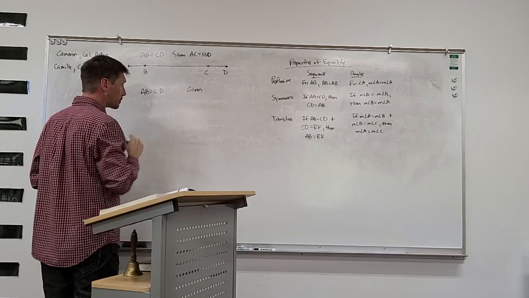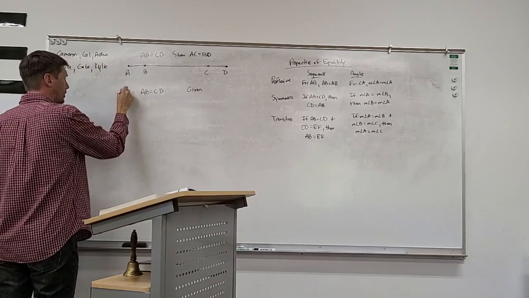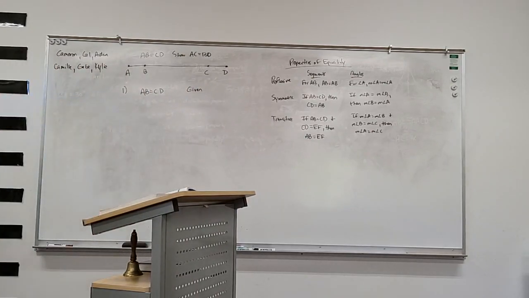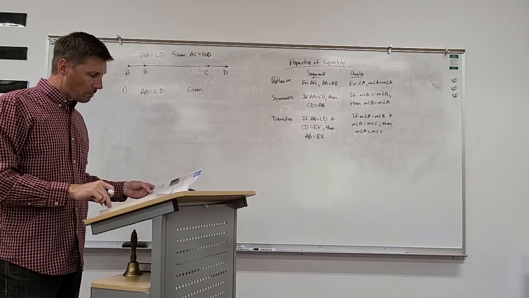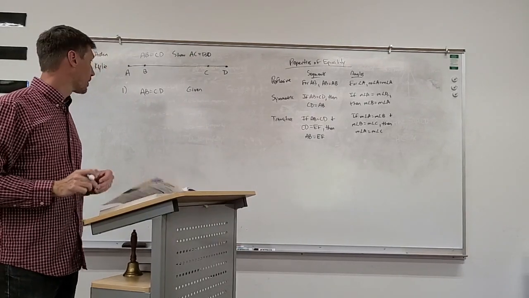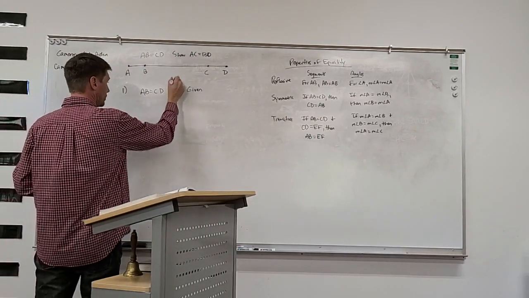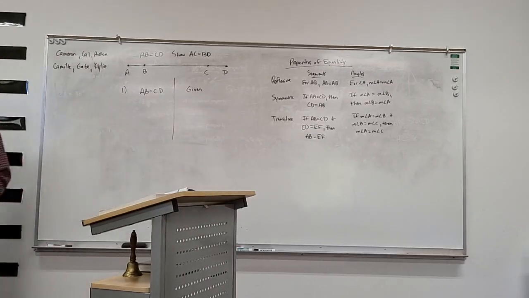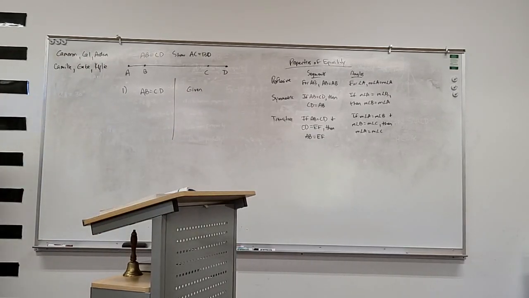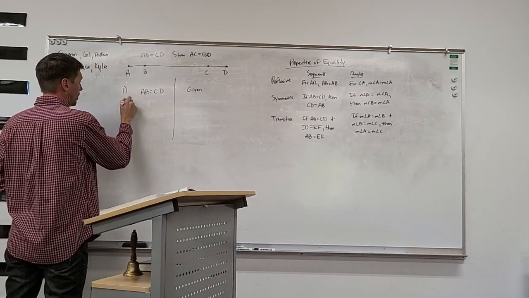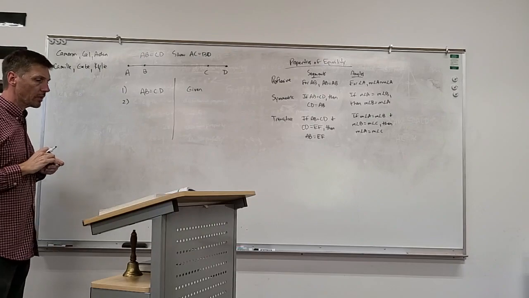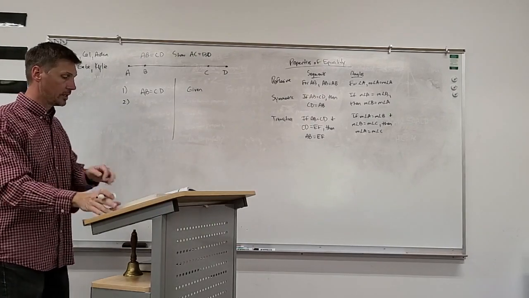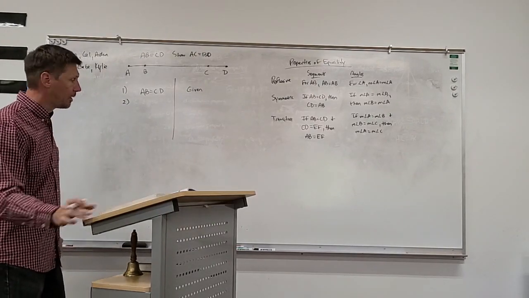I'm going to number these because we're going to learn in the next section what we call a 2-column proof, where we number the statements and put our reason for each statement. On the left we put our statement, and our reason goes out to the right, okay? So first of all, we know that AB is equal to CD, so that's been given.